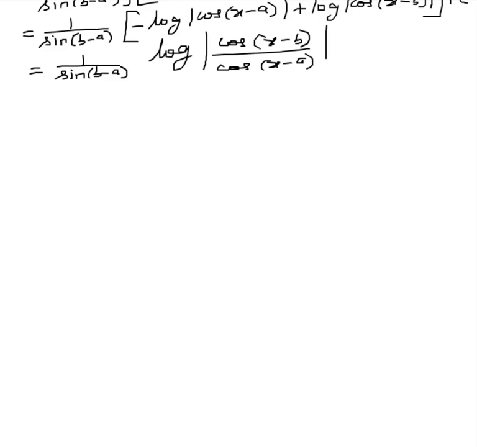Or you could have given the answer in terms of secant. If you have multiplied and divided by sine of a minus b, the answer will be a little different.